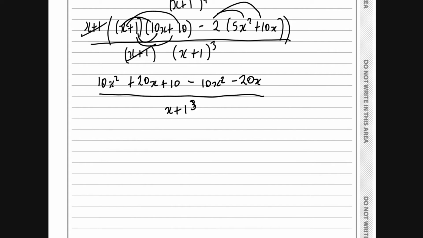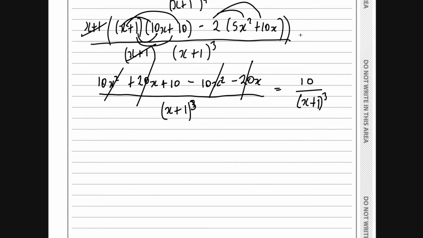And obviously now, because we pulled out the right expression of x, things have fallen into place quite well. We're able to cancel out these x squared terms. We're able to cancel out these 20x terms here. And what we're left with is 10 over x plus 1 cubed.